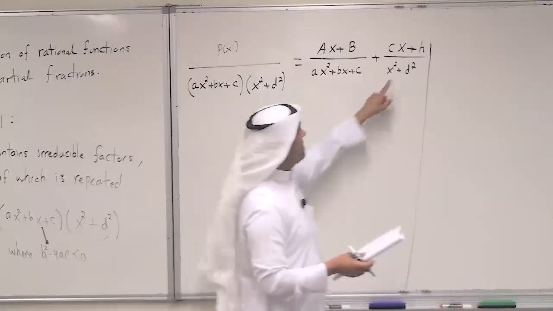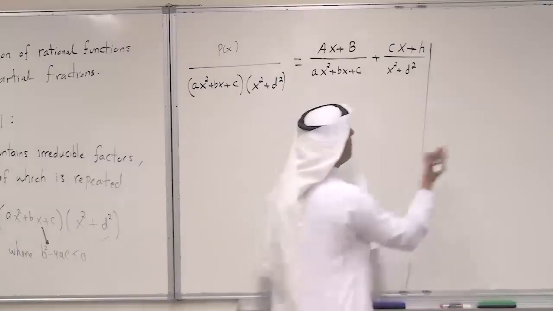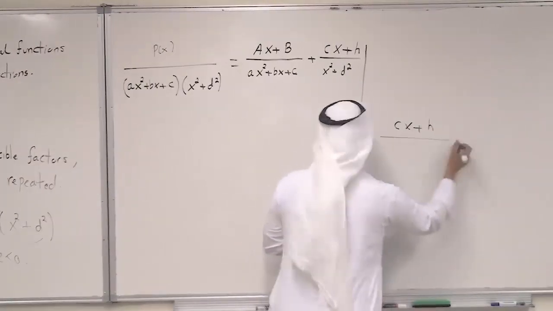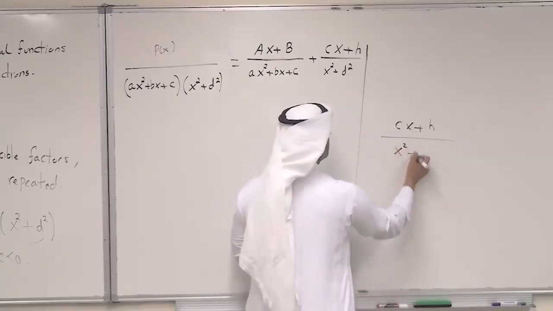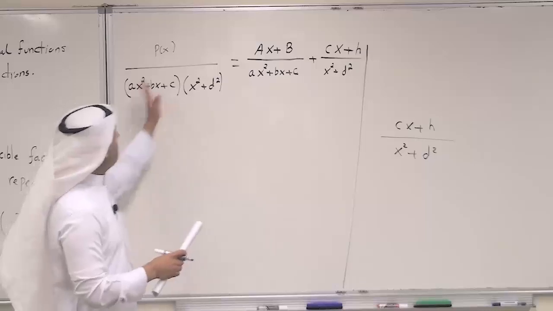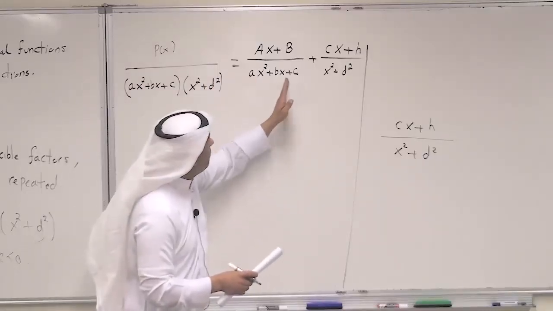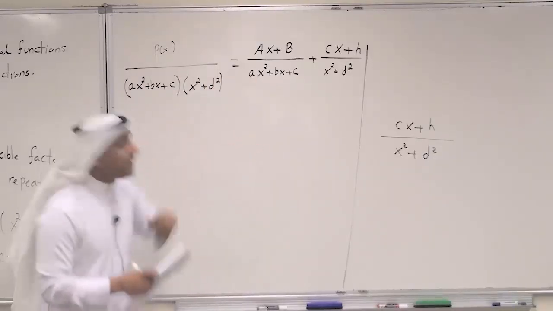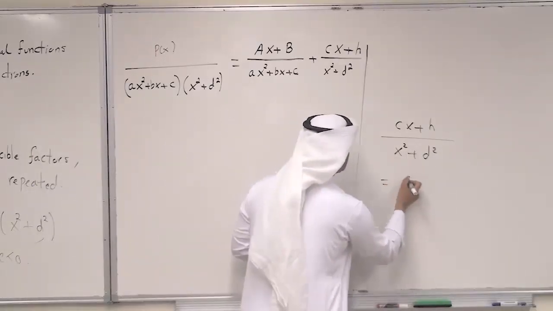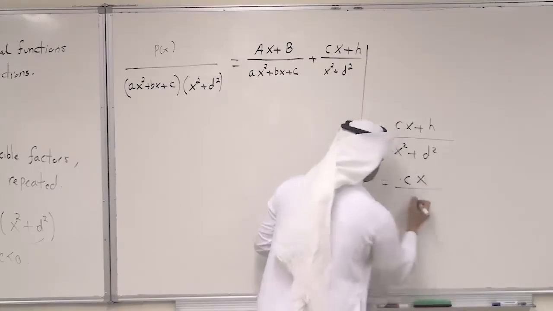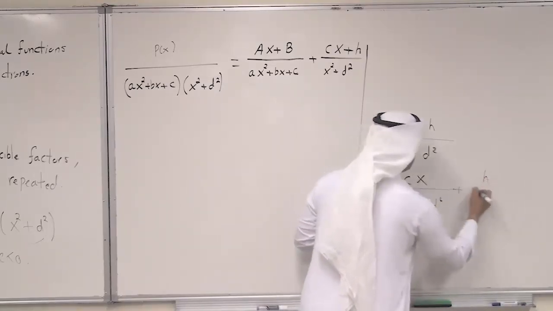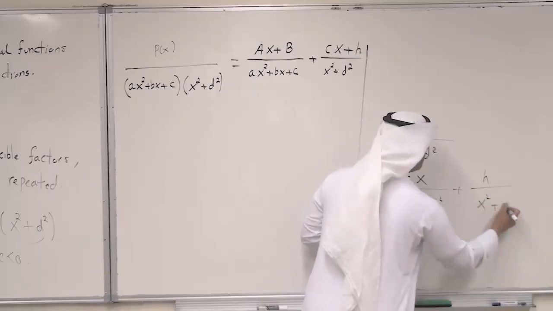Let us, for instance, consider cx plus h divided by x squared plus d squared. Assume we succeeded in decomposing into such a type of fractions. Can we integrate this? The answer is yes. This can be integrated easily because you can distribute: this will be cx over x squared plus d squared plus h over x squared plus d squared.